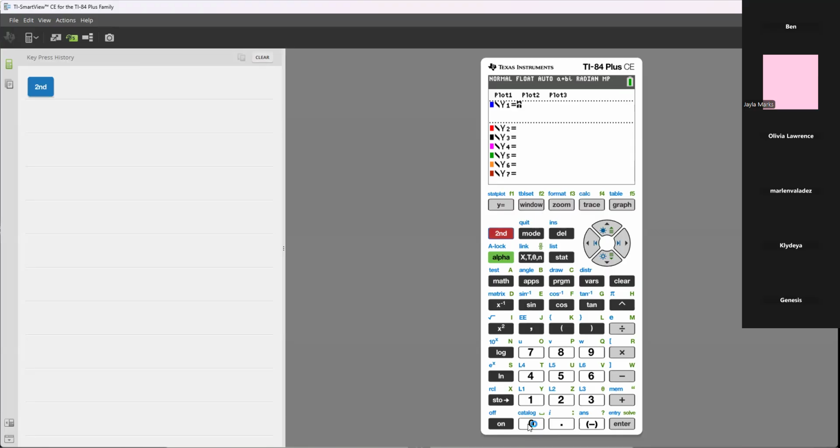The blue button and the 0 bring up the catalog of everything in the calculator. ABS is the very first thing. That stands for absolute value. When you click it, it puts the bars up there, and then you put in your x minus 4. Then you arrow out, and there you've got x minus 4.